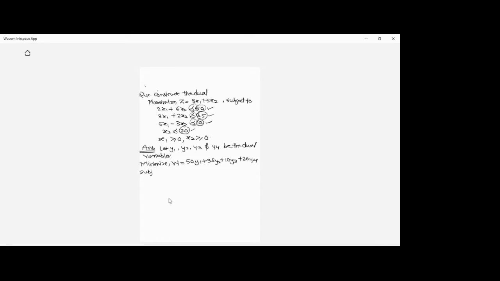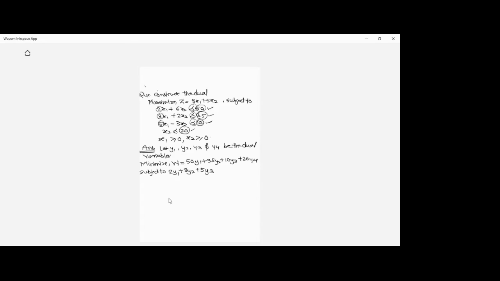I have to write the constraints, subject to. Now the addition of all these variables will be the framing of this particular constraint. So 2 y1 plus 3 y2 plus 5 y3.